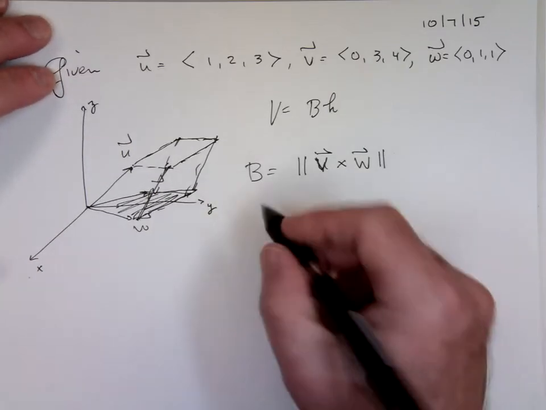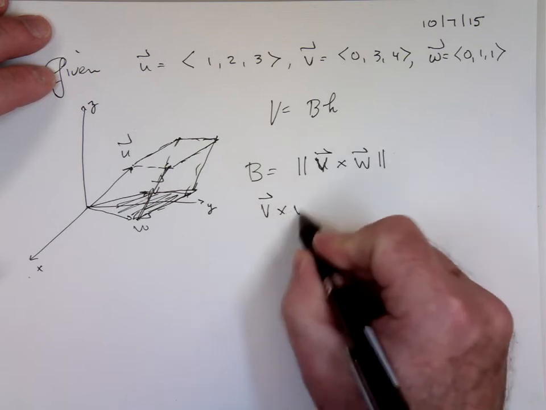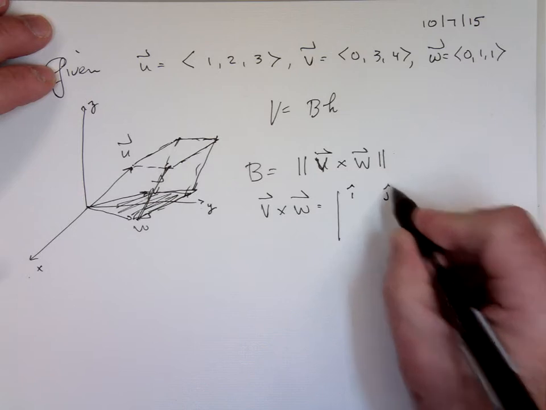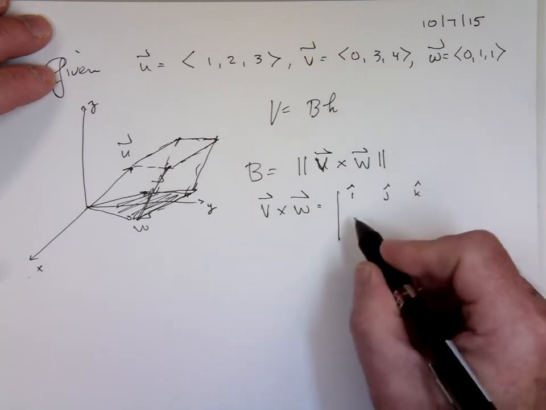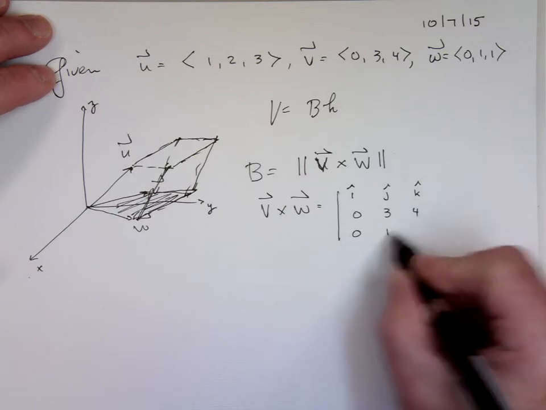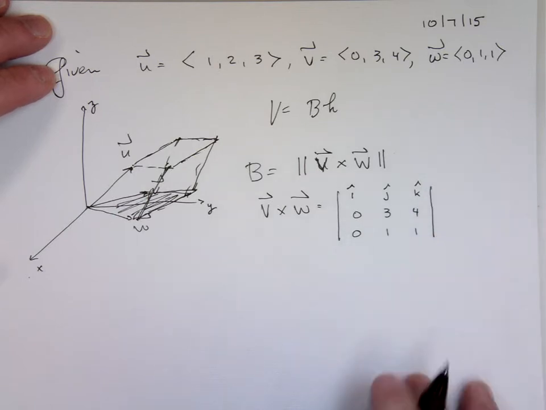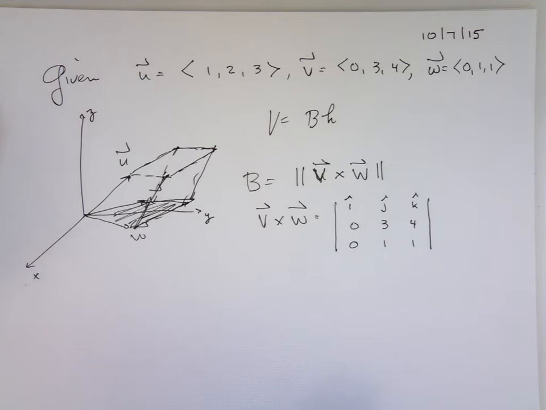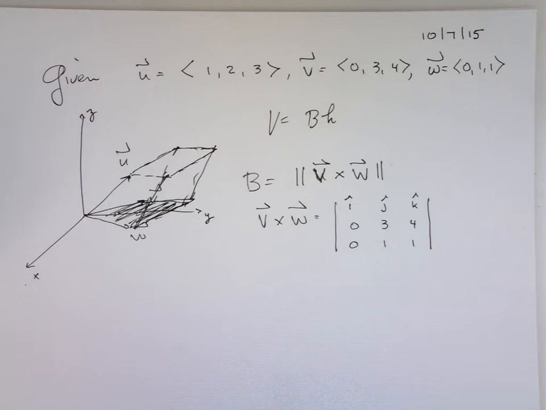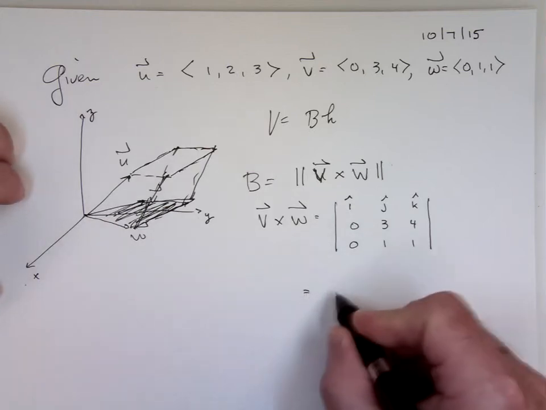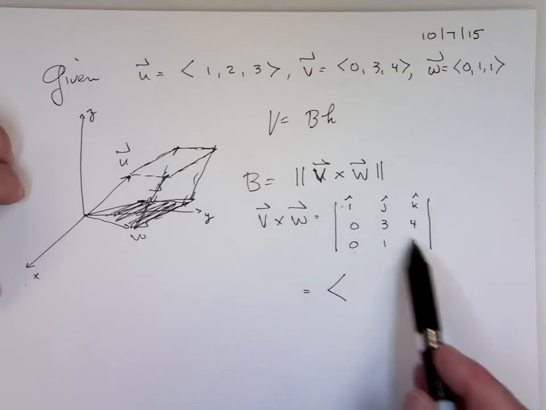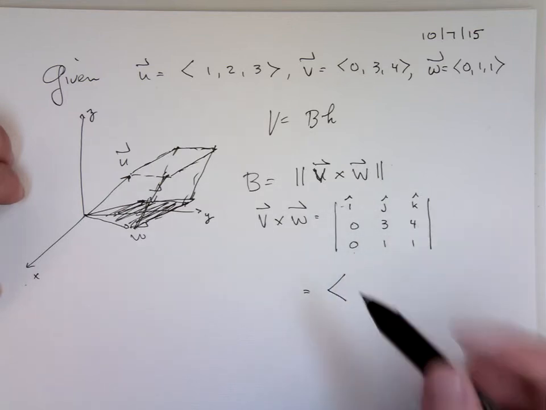So let's find the cross product. i, j, k, v = 0, 3, 4, w = 0, 1, 1. The base is equal to the area of a parallelogram, right? That is correct. That's the area of this parallelogram down here. So, the cross is equal to, and what you do, you cross this out and this out, you have 3 minus 4.